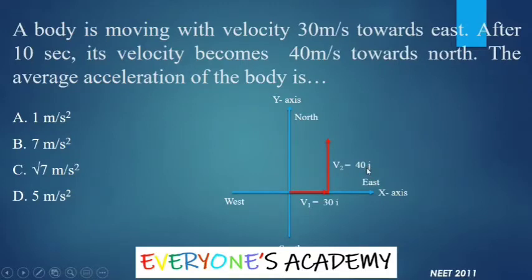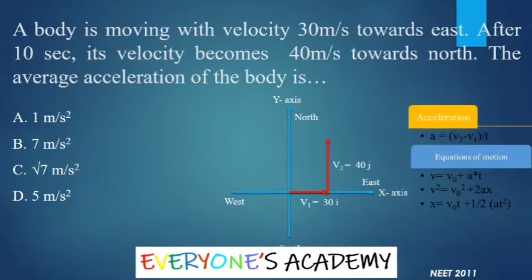Here, the average acceleration of the body is to be calculated. From our equation of motion or acceleration formula, we know that the average acceleration is final velocity minus initial velocity divided by time. Here final velocity is this and initial velocity is this. So we will use this formula here in the vectorial format by applying vector notation.